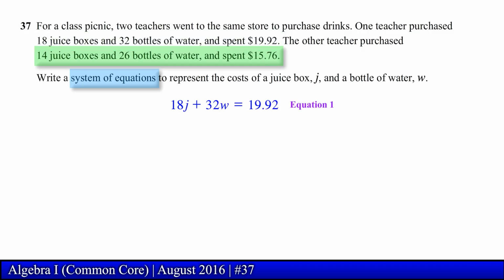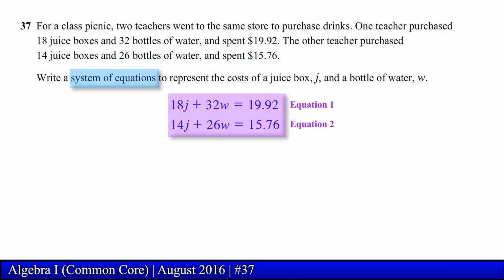A second teacher also purchased 14 juice boxes and 26 bottles of water and spent $15.76. Similar to the first equation, we take the number of each item purchased and multiply them with their respective price. The total should equal $15.76. So this is our system of equations.